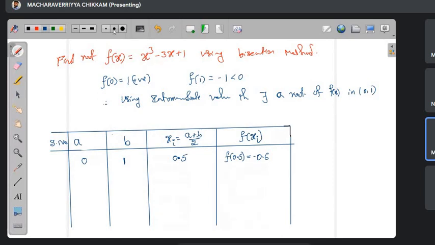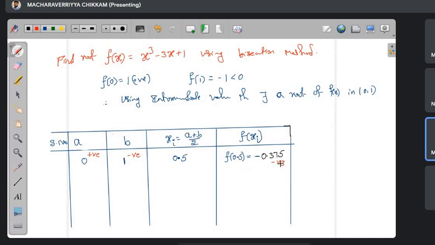That is minus 0.375. All I need is whether it is positive or negative, so for convenience I'm writing the signs here. At 0 it is positive, and here it is negative. So which one do you change?